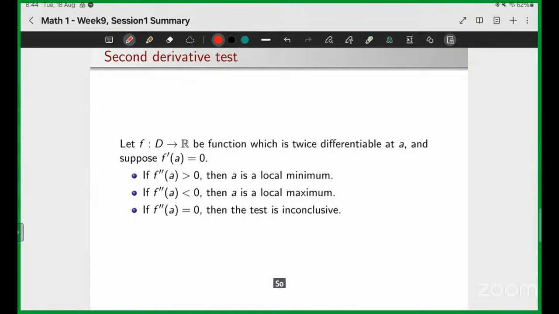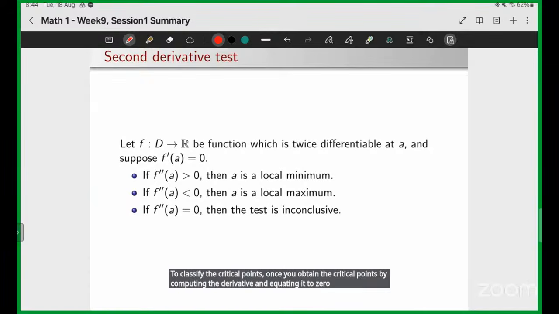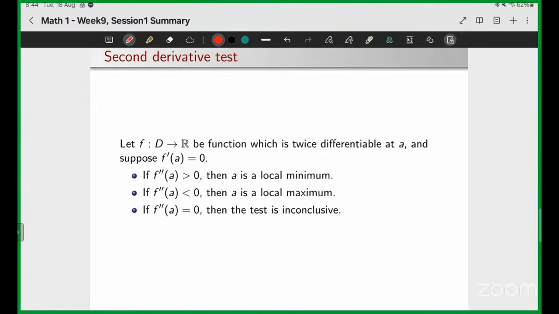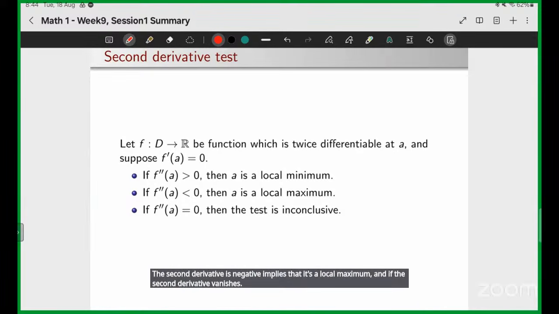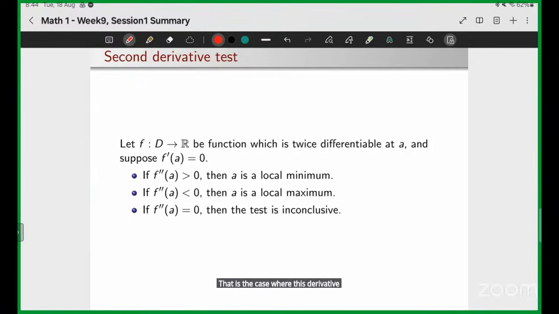There are three cases to classify the critical points. Once you obtain the critical points by computing the derivative and equating it to zero, there are three cases. The second derivative is positive, implies that the point is a local minimum. The second derivative is negative, implies that it's a local maximum. And if the second derivative vanishes, then we cannot really say anything. That is the case where this derivative test fails. We cannot classify it as a minimum or a maximum or a saddle point.